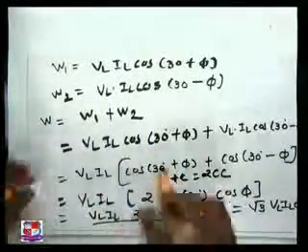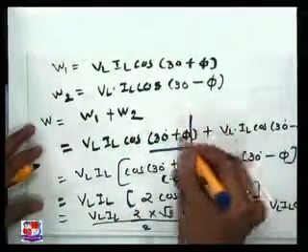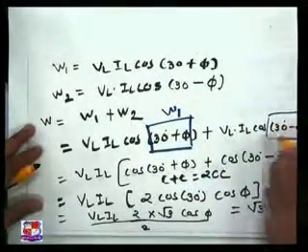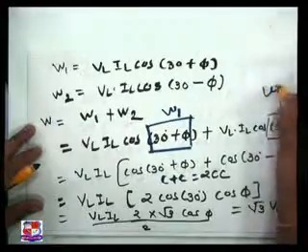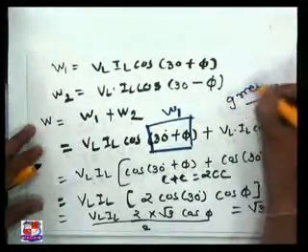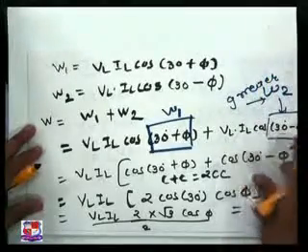So you can see this is the angle or the power factor of W1 and this is W2. W2 will always be greater, because cos(30 - 5) is greater than cos(30 + 5).